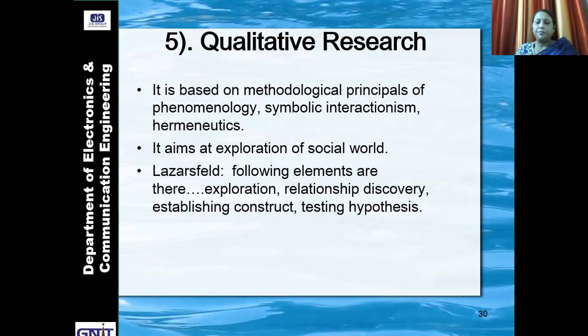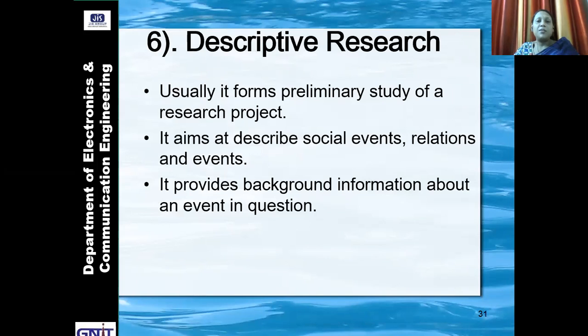Next is descriptive research. Descriptive research usually forms the preliminary study of a research project. It aims at describing social events and relations of events, and it provides background information about an event in question.